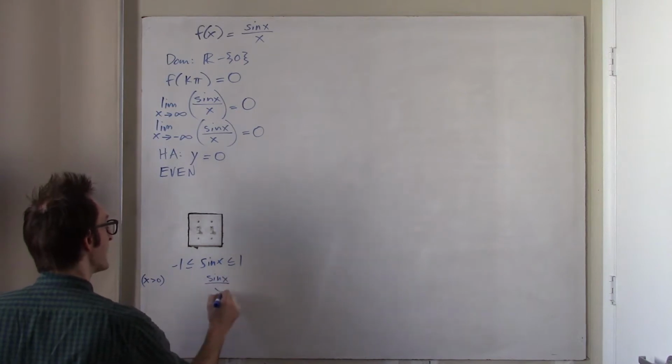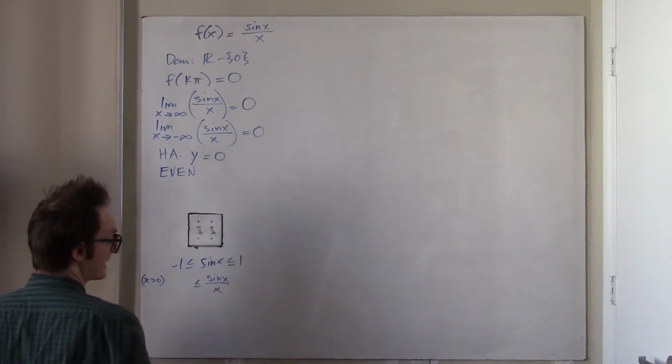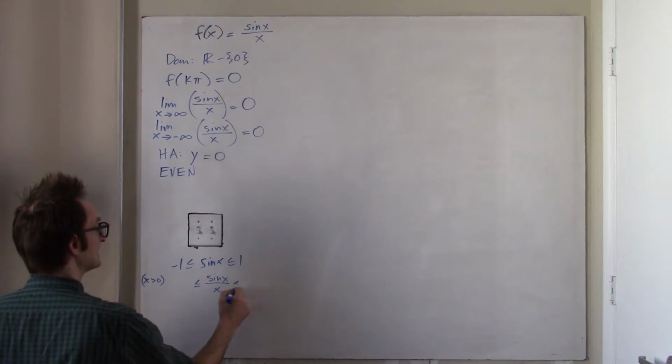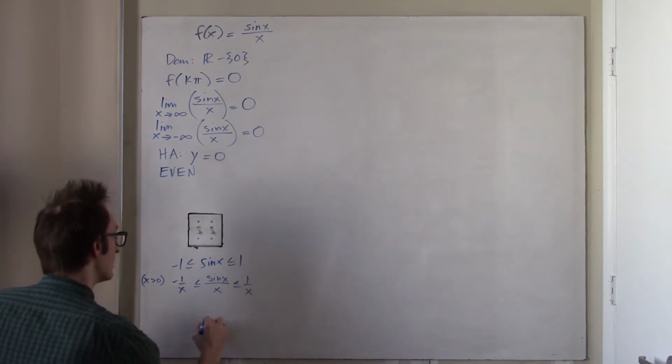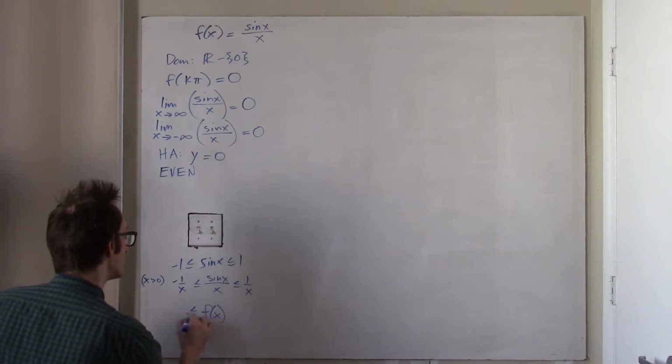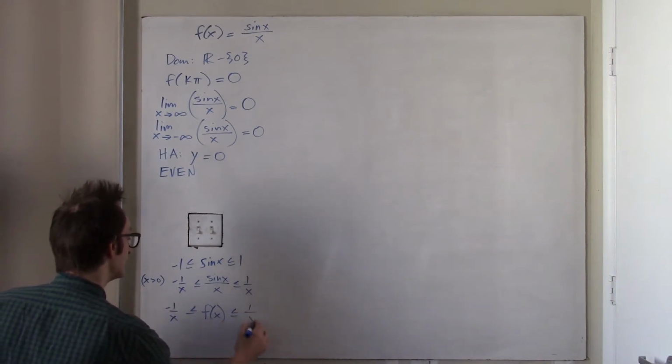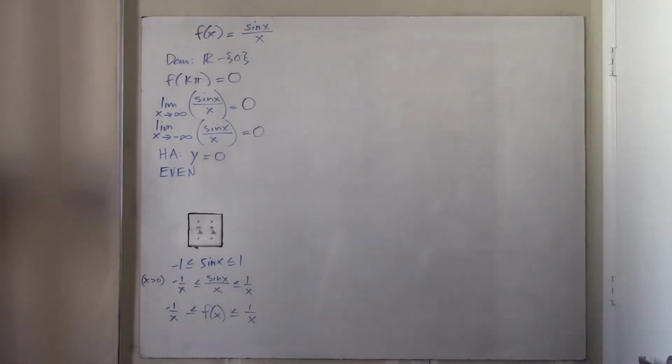Then what do we get? We get that sine x over x is between -1 over x and 1 over x. So in other words, this function is bounded between these two other functions, the 1 over x and the -1 over x function. That's what we call the envelope of this function.